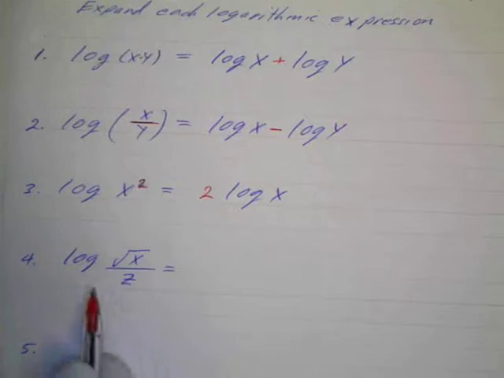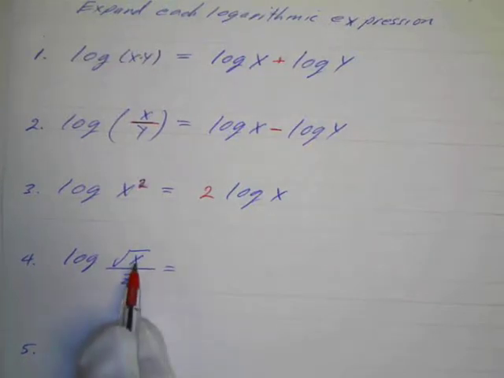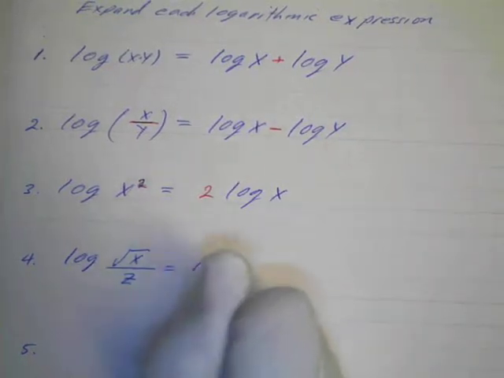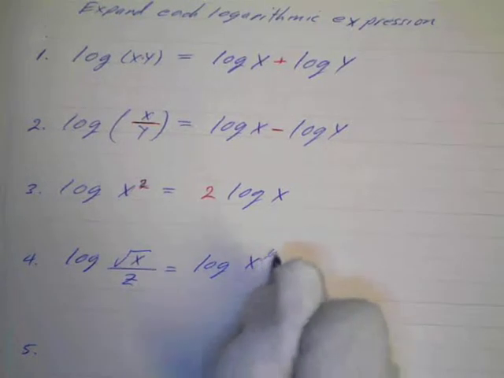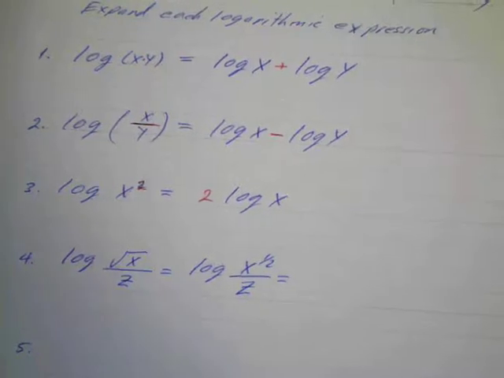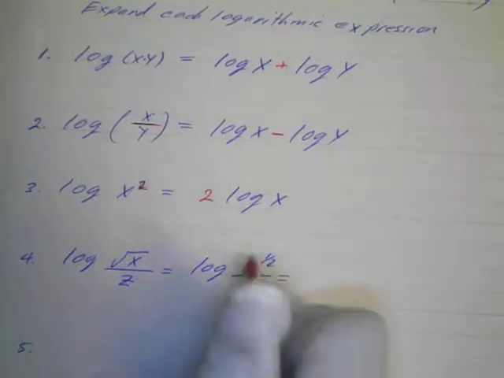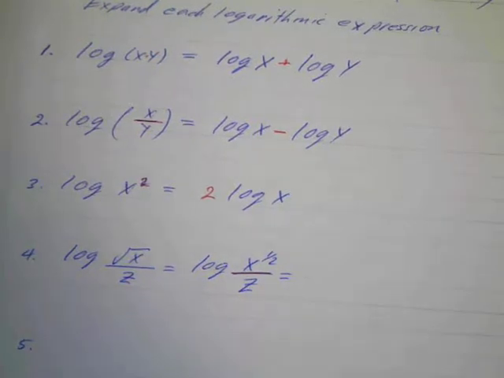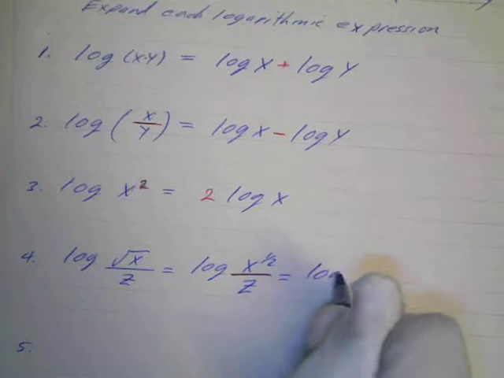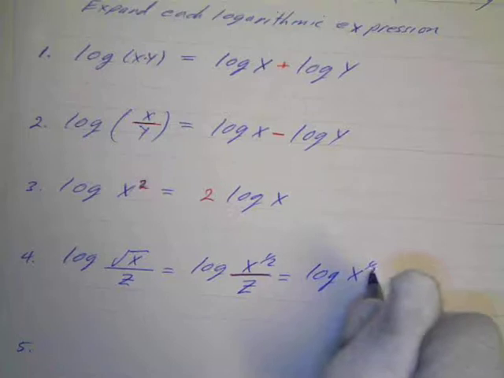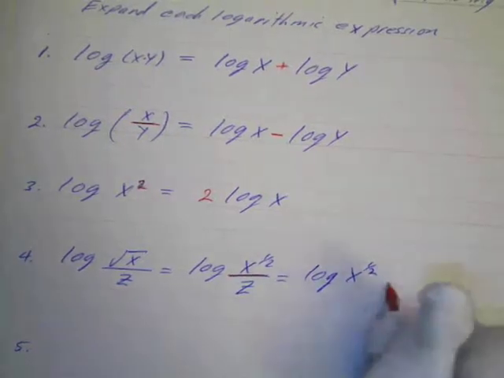And then over here, what we always want to do is change this to a fractional exponent if we have a root. Because we don't have any root rules, we've got power rules. So this would be the same thing as the log of x to the 1/2 divided by z. Then we can apply the quotient rule: the log of x to the 1/2 minus the log of z.